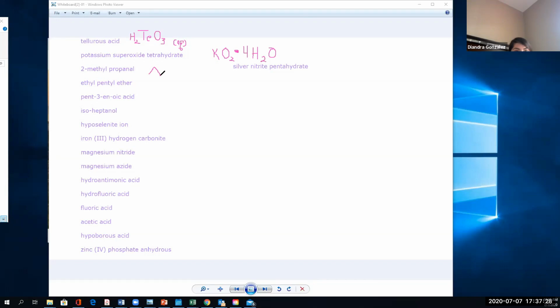And then it's telling you that on the 2 you have a methyl, so it would just have one line going off of the 2. But then the ending at the end of propanol tells you that it's an alcohol. Is that an alcohol? That's an -al, not an -ol. Oh, not an -ol. Oh, goodness. You fell into my trap.